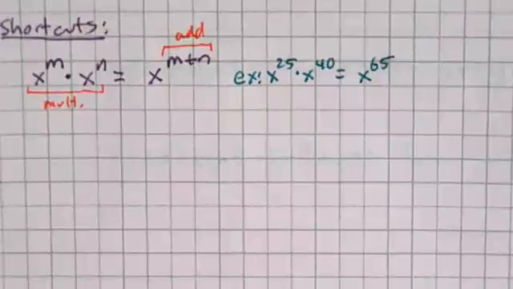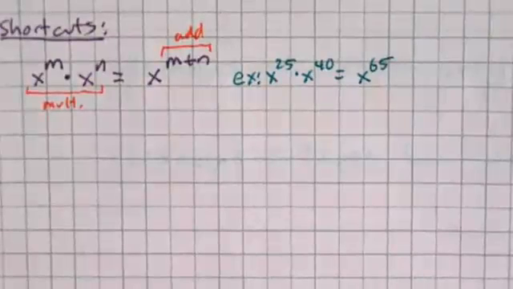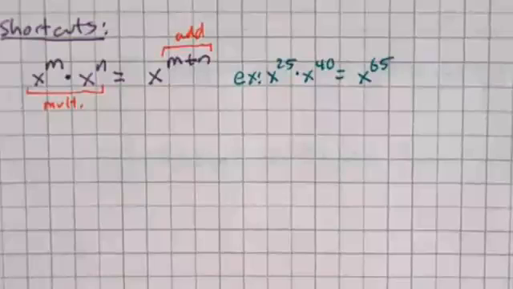So we added the 25 and the 40 to get 65. So anytime we see an expression that's got stuff being multiplied together with exponents, we can just add the exponents together. We don't have to write them out anymore.